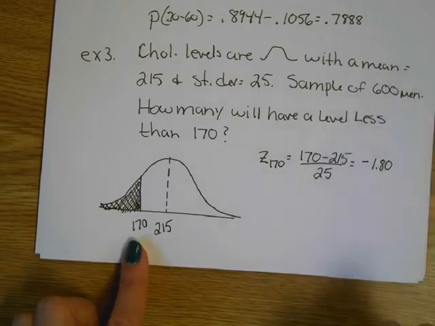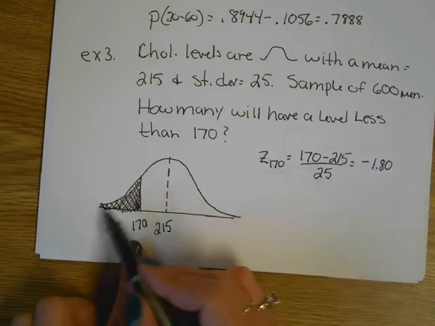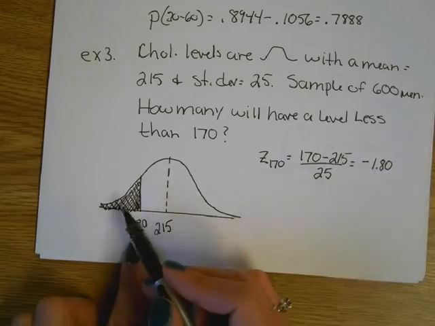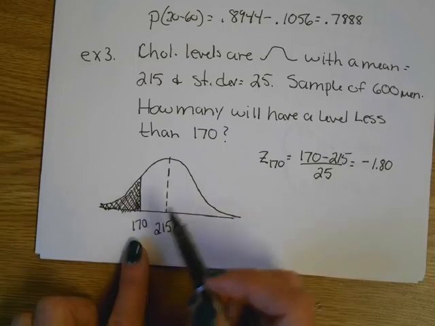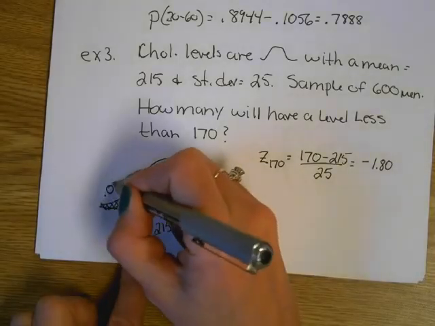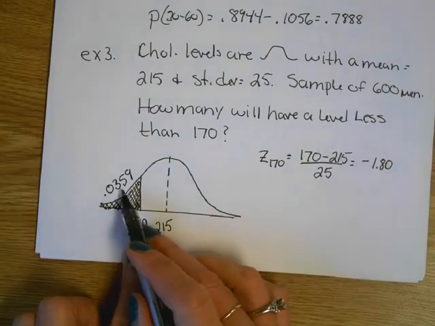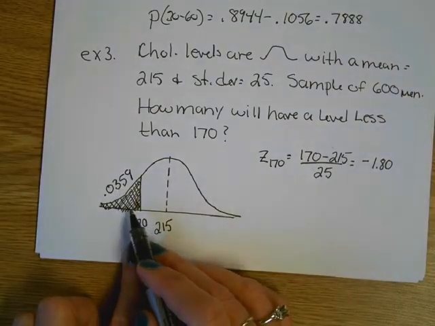I got negative 1.80. Okay. So if we look up the negative 1.80, that will give me this area. So off of the table, what's the area for negative 1.80? 0.0359. So that means about 3.5% of your people would be back here.